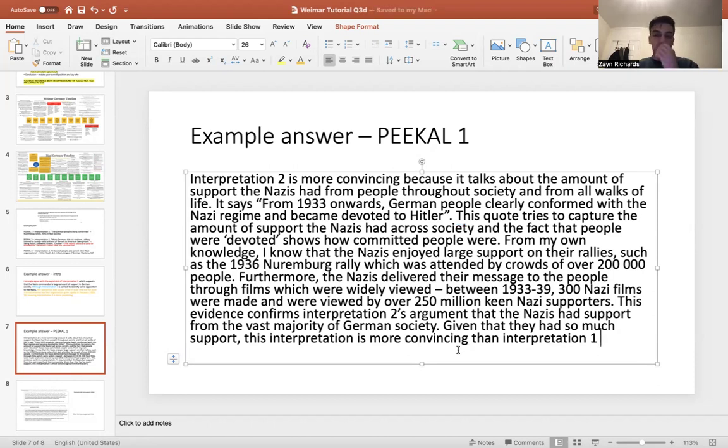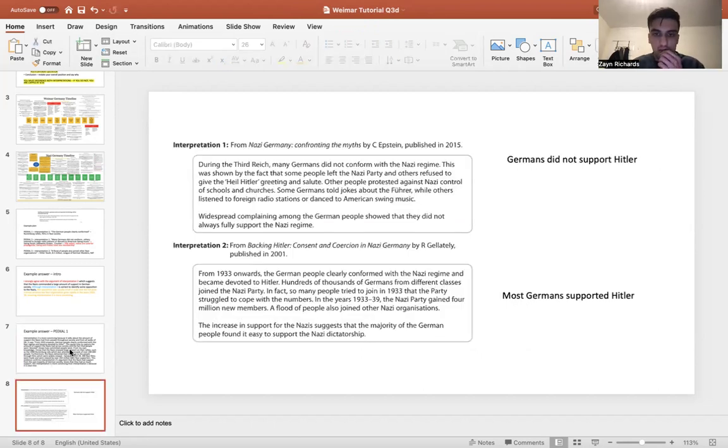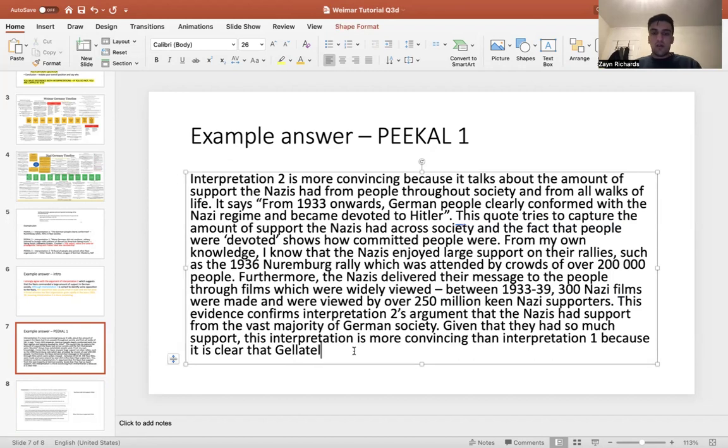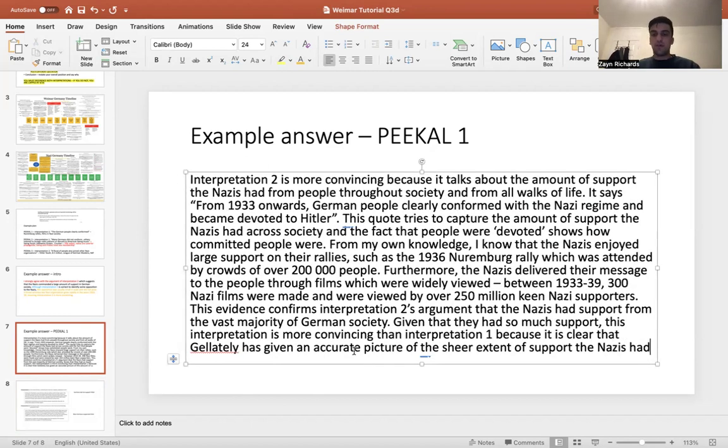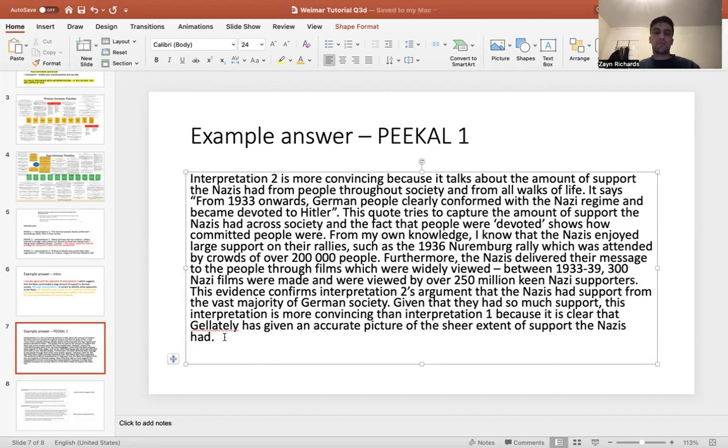So notice how I'm talking about the other one. Is more convincing than interpretation 1 because it is clear that Gallately has given an accurate picture of the sheer extent of support the Nazis had.